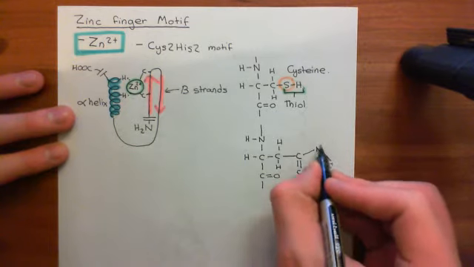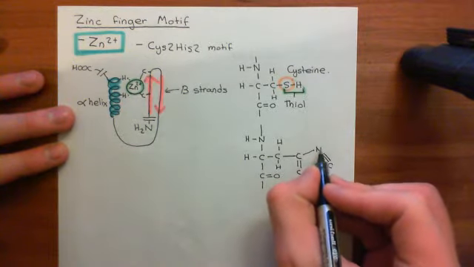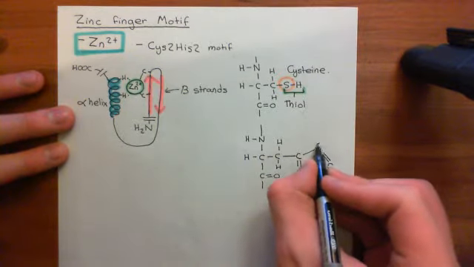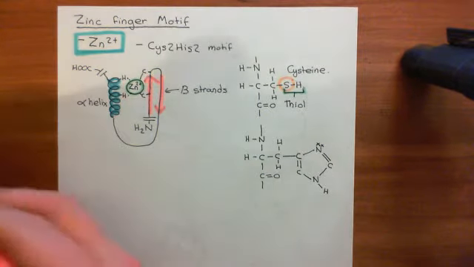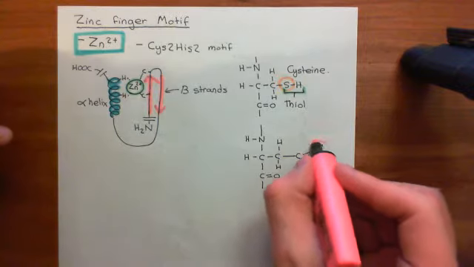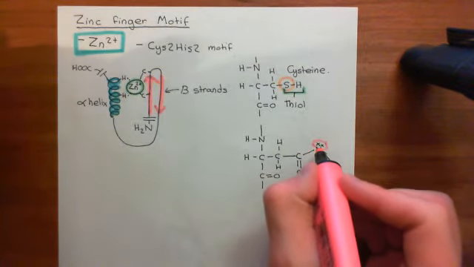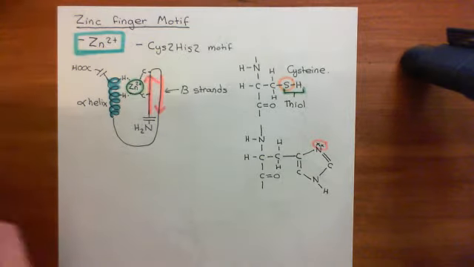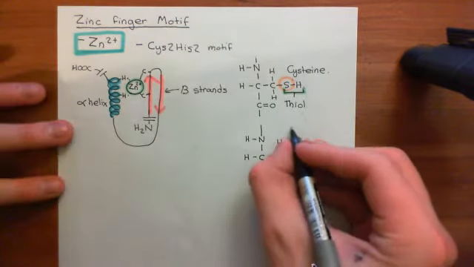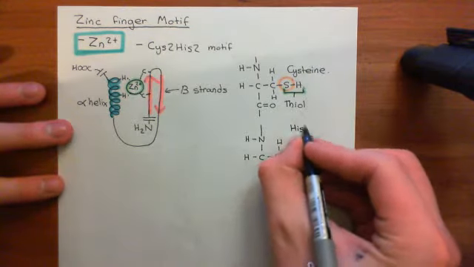This nitrogen here is going to have a lone pair of electrons. Well, in fact, both of them are going to have lone pairs of electrons. But it's the lone pair of electrons coming off this nitrogen which is going to interact with the zinc atom. So this is the structure of a histidine residue.